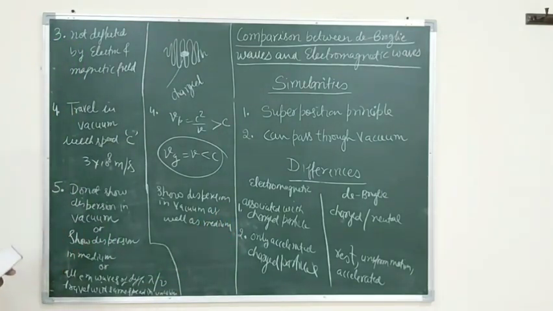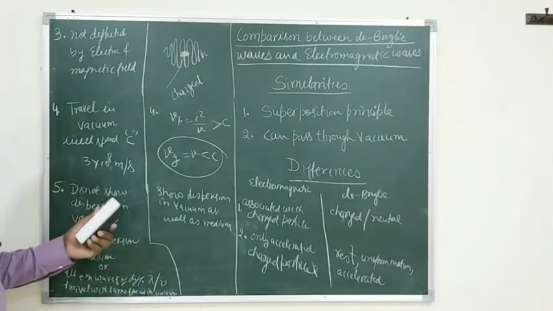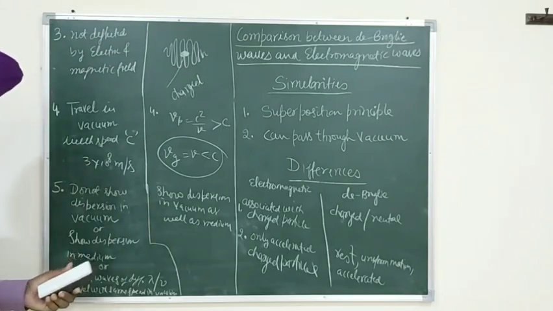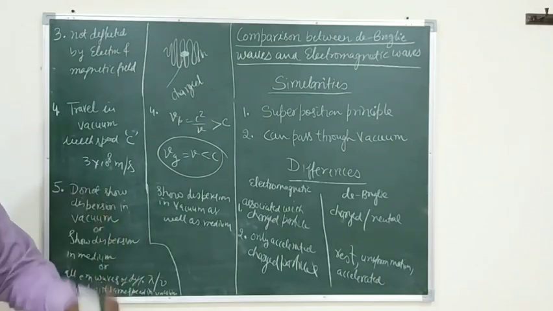Now this is another major difference between electromagnetic waves and the de-Broglie waves. De-Broglie waves or matter waves show dispersion in vacuum also. It means the de-Broglie waves of different wavelengths or different frequencies travel with different speeds in vacuum. Their speed is not the same. So that is another thing.